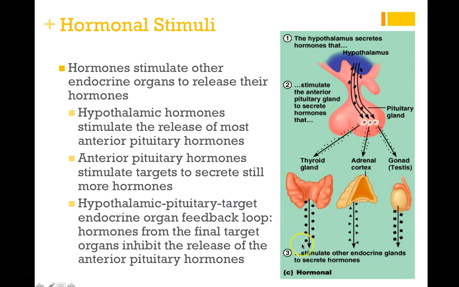We should have a feedback loop that will signal back to the anterior pituitary gland, and it will also signal back to the hypothalamus to stop secreting their hormones. So if our anterior pituitary gland stops, or it's not going to completely stop, but it reduces the amount of thyroid stimulating hormone that is being secreted to the thyroid gland, then I'm going to reduce the amount of T3 and T4 that I'm secreting from the thyroid gland.